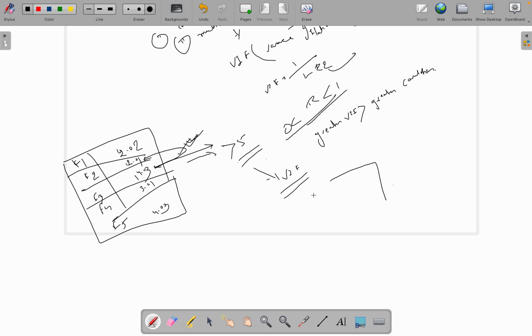Then we check the VIF, and if some values are still very high, we try to drop another column and run the VIF again. We do this until the VIF values are normalized, I mean less than 5. If all values are coming less than 5, then it's okay. So this is how we reduce the collinearity, using the VIF.